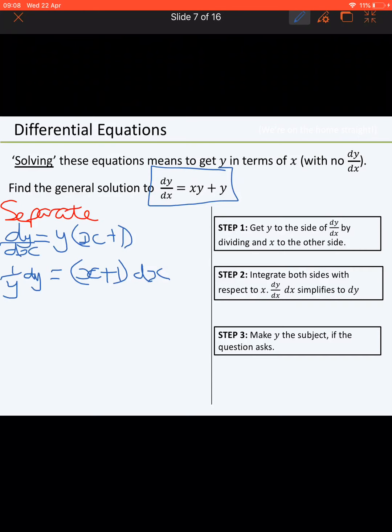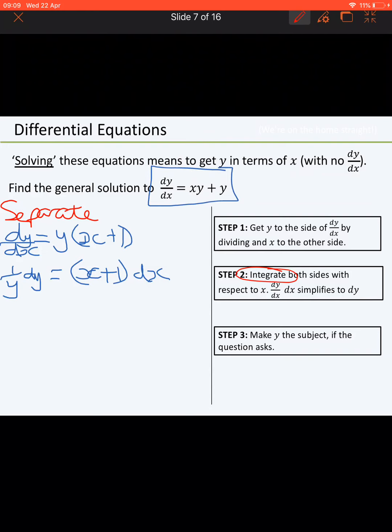Now, you should never just leave that written as it is, because technically, as I've written it now, it's not a mathematically correct statement because I've separated it like a fraction, and it's not a fraction, okay, the dy by dx. So I'm going to write the next step on the same line as well, and you can see over on the right hand side that step 2 is to integrate.